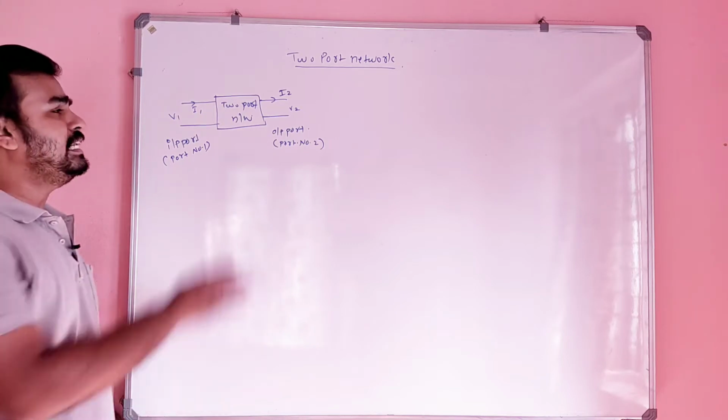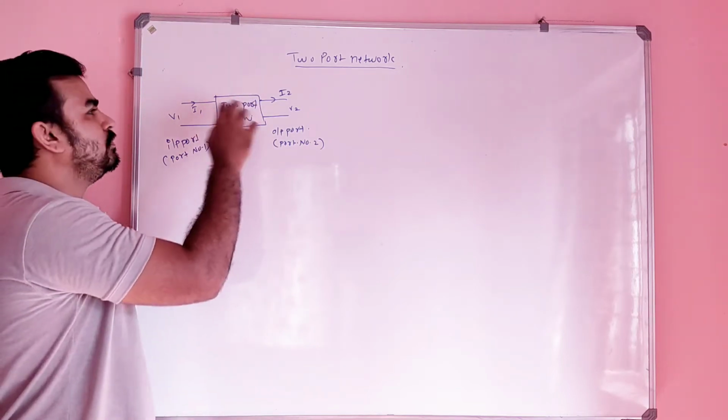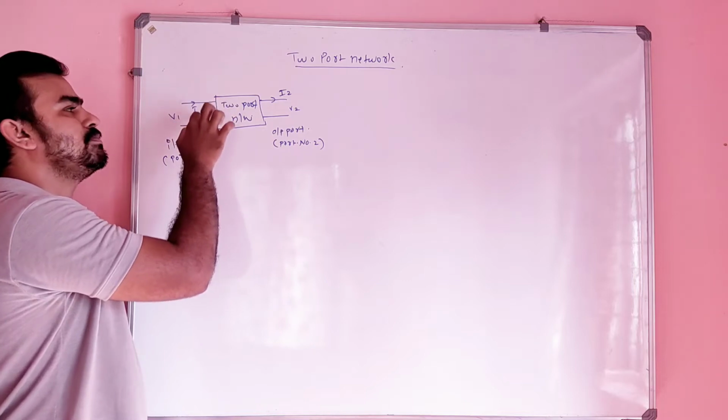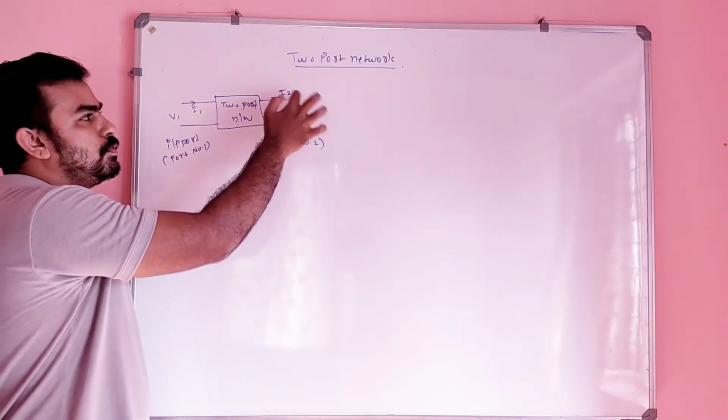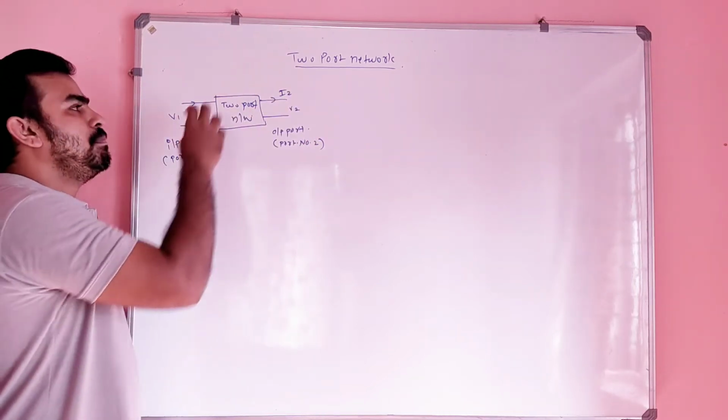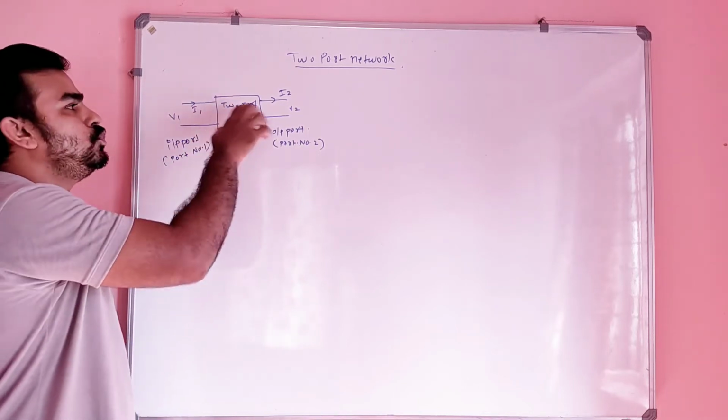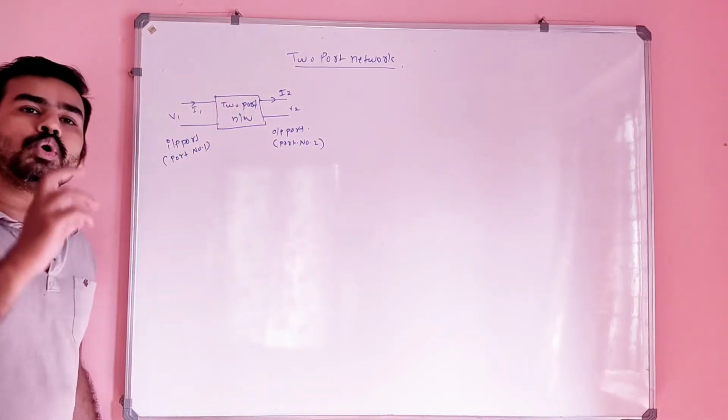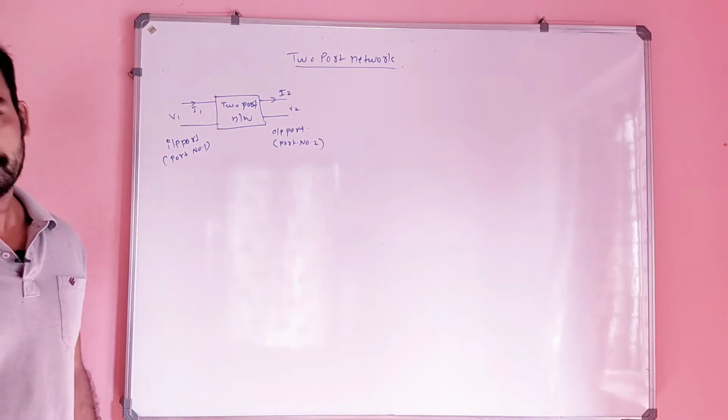So in the two-port network, there is one input voltage and one input current, and there is an output voltage and some output current. But inside the two-port network, many complicated circuits and interconnections will be there.